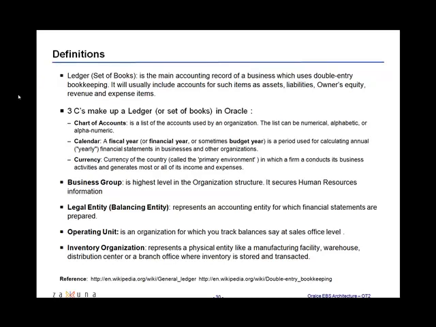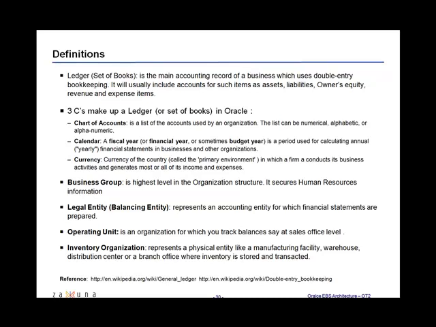If any one of these three is different, it would result in a different set of books, or a different ledger, within that installation. Now, business group is the highest level in the organization structure. It primarily secures the human resources information.